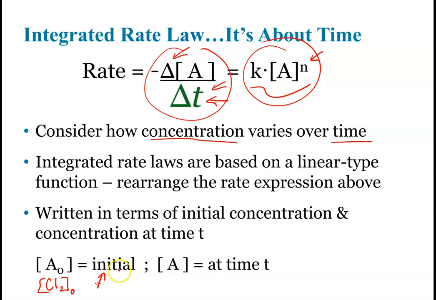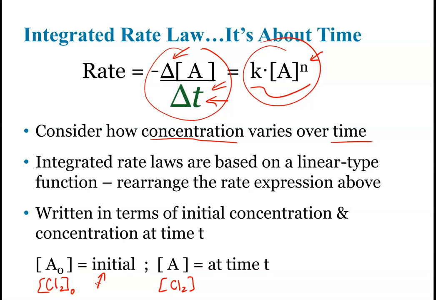And we will talk about the concentration at some point in time, known as the concentration of A, let's say after 10 seconds, 20 seconds, 30 seconds, somewhere down the road after the reaction has been going on for a while. In this example, this would be the concentration of chlorine left after a certain amount of time has elapsed.